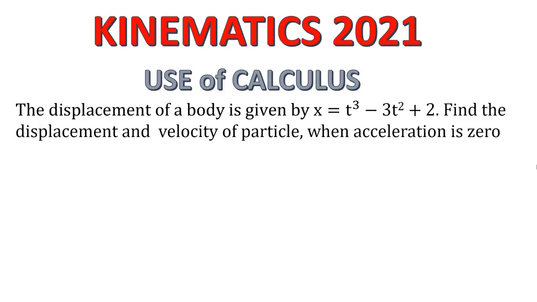Now he wants displacement as well as velocity of the particle when acceleration is 0. So first thing is to get the acceleration. And you know what acceleration is? The second derivative of displacement. So we have to differentiate it twice.